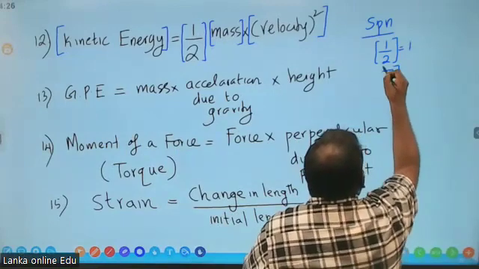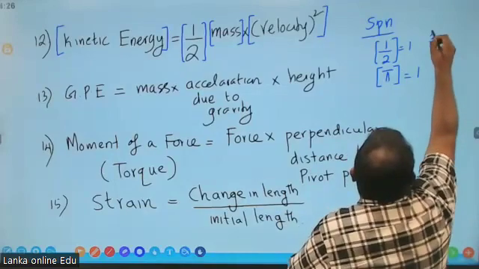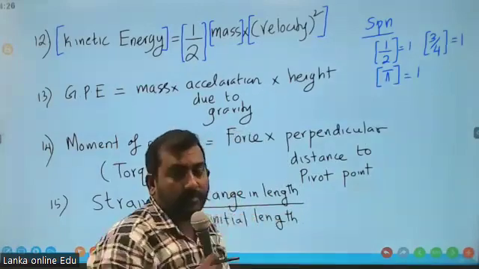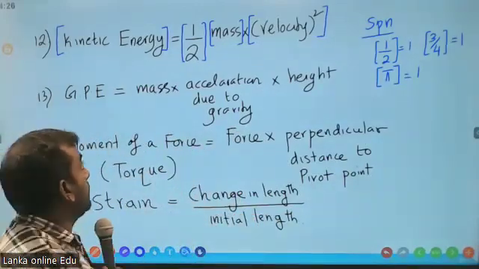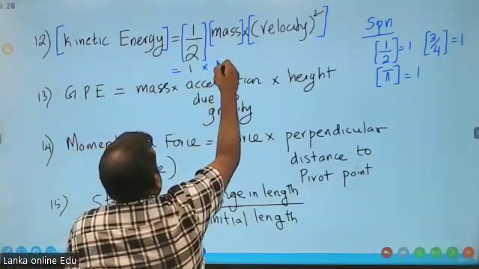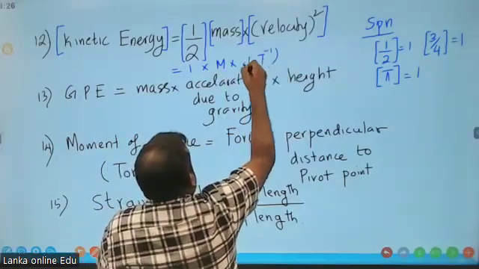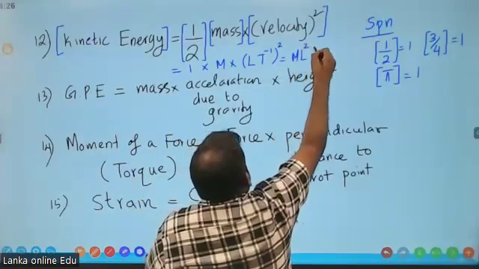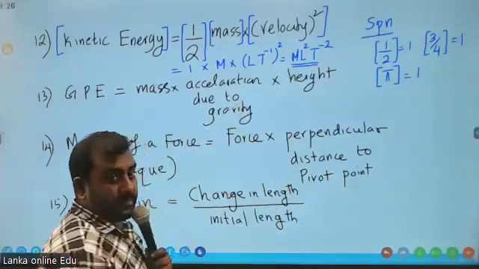Pi, dimension 1. 3/4, dimension is what? 1. Okay. So here if you substitute 1, mass is M, velocity is LT minus 1 squared. You will get ML squared T minus 2. Did you get this?